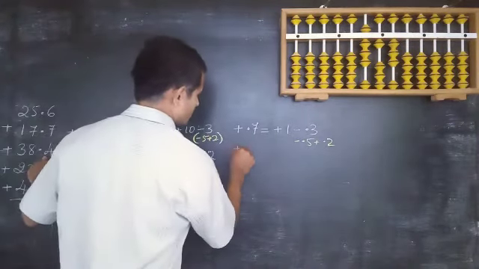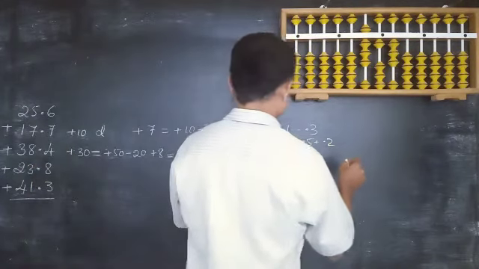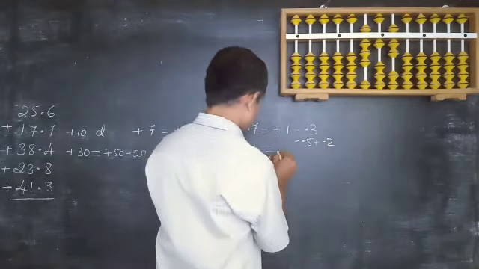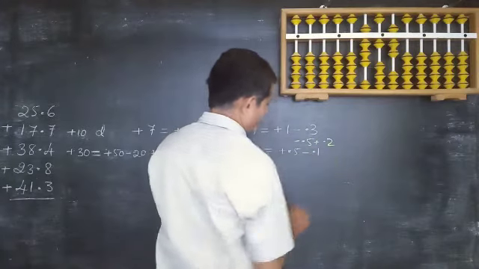Plus 0.4 is equal to plus 0.5 minus 0.1.